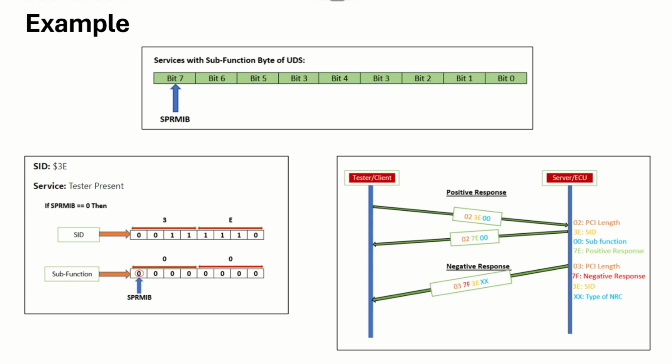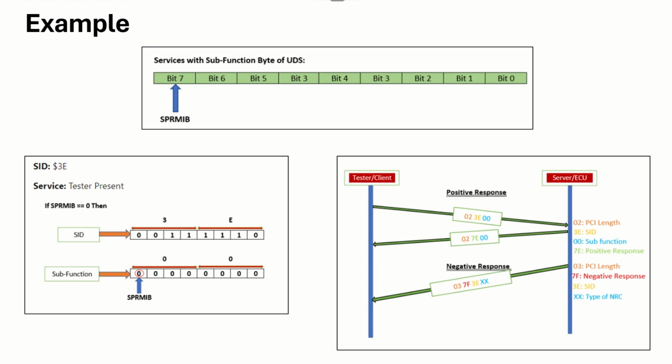When SPRMIB is set to 0, in this example, the ECU will send a positive response to the client, which means if the client or tester sends a request with SPRMIB set to 0, the ECU responds with a message indicating success. On the right hand side, you can see the message flow as well.